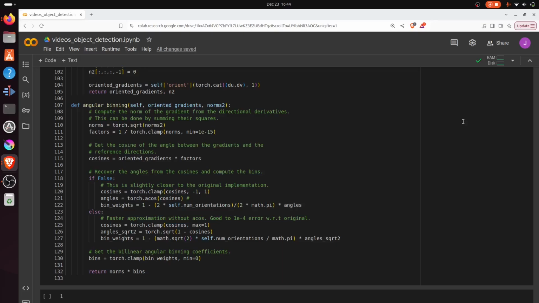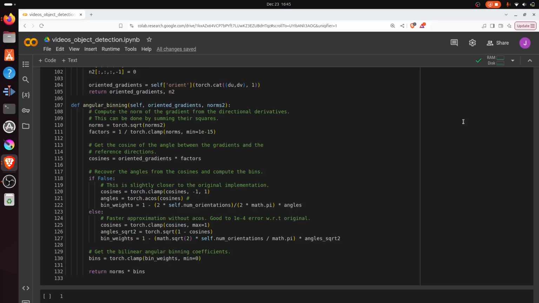Remember that we are working with the number of orientations equal to 9. This means that we need to divide the 360-degree angle space by 9, and that means that we end up with angular bins of 0, 40, 80, and so on. So in this particular example of 30 degrees, we would have to look at the 0-degree bin and the 40-degree bin.